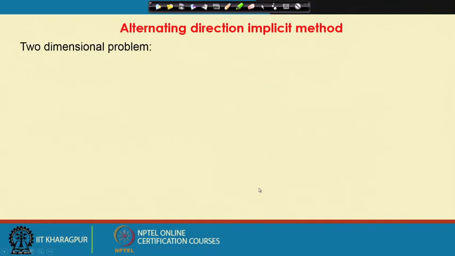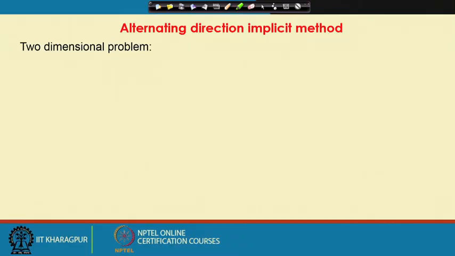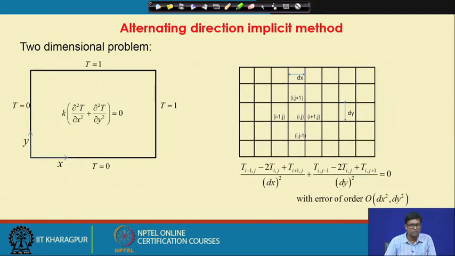There is another interesting method called the alternating direction implicit method, and this method is applicable for 2-dimensional problems. What is a 2-dimensional problem? We have seen it earlier, this is a Laplace equation in 2D which is converted into a matrix equation involving the variation of temperature along the points in both x and y directions.